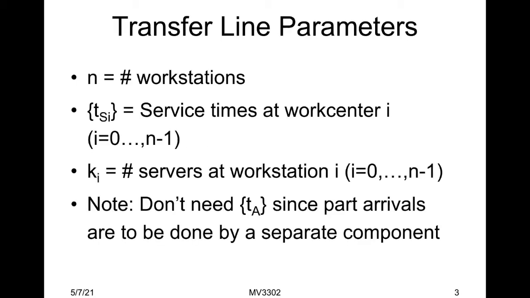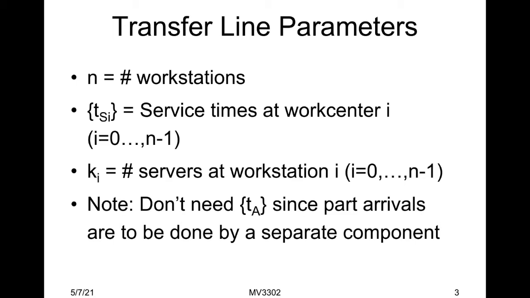Okay, so parameters, they're exactly the same as before. We have a certain number of workstations, and the advantage of having that as a parameter means that the same model will work for any number of workstations. So for any facility that has this same structure, we can use this very same model for representing that.